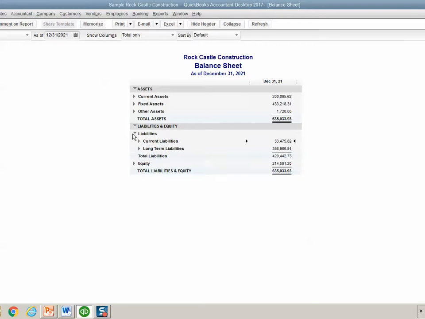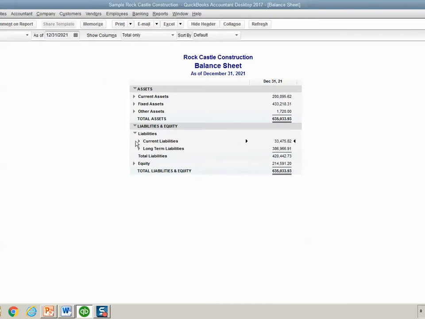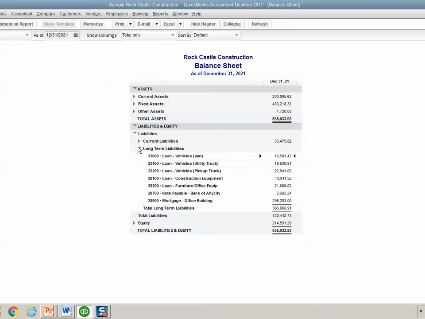In the case of Rockcastle Construction, this includes bills owed to vendors, as well as credit card debt and some payroll wages and state taxes that have not yet been paid. They also have long-term liabilities, such as auto payments and other various loans that extend beyond the current year.